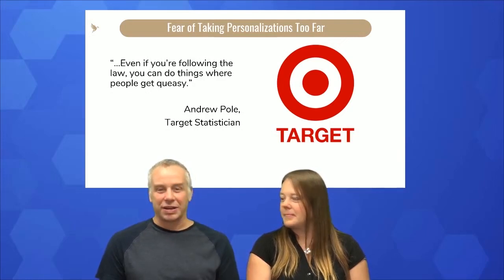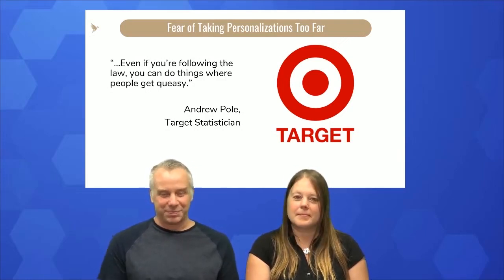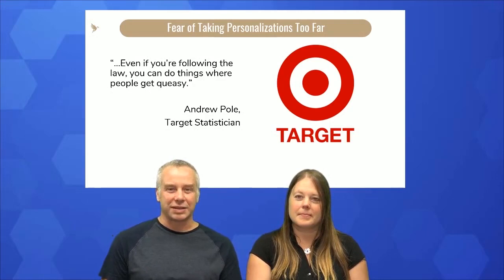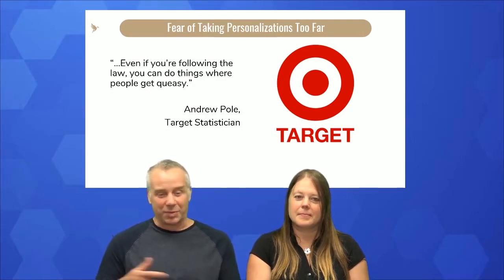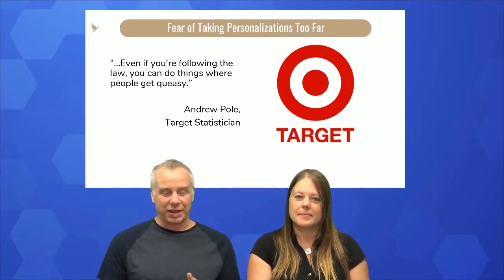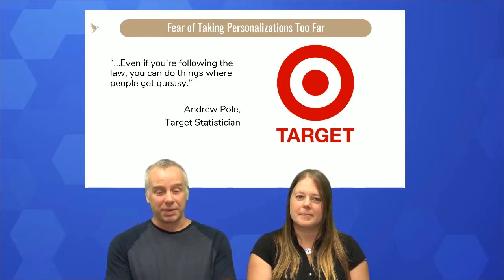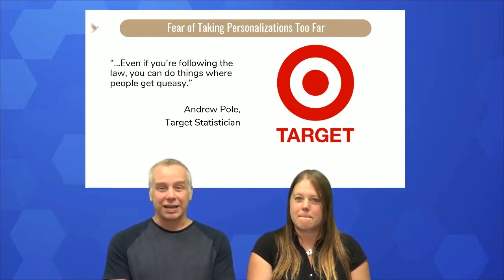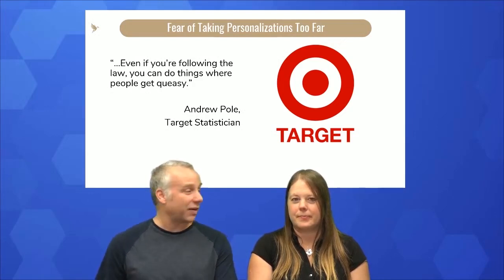In one case, they outed a young lady in front of her dad. They printed a bunch of coupons that only an expecting mother would use. Anyway, it turned into a media story, and it was a whole thing. Everybody in marketing is probably familiar with it. But we're not at risk of doing that here. I think it's safe to say the best thing that we could all do is just get started.